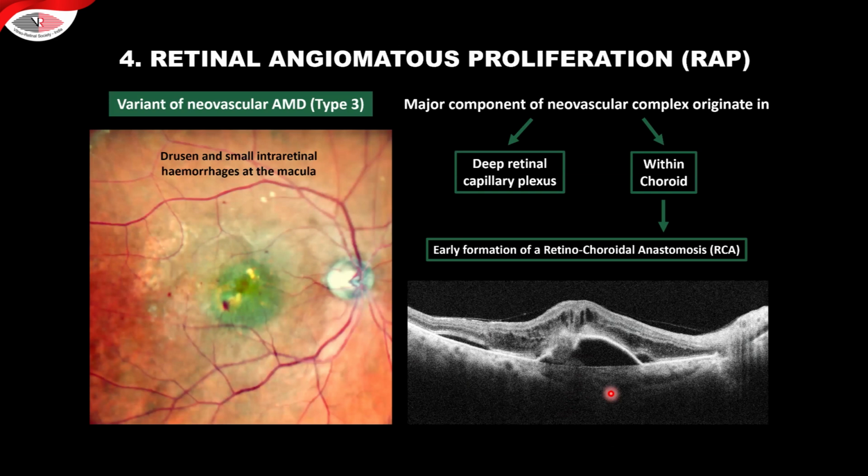Then there's retinal angiomatous proliferation, or a RAP lesion, as we call it. You can see the early formation of a retinochoroidal anastomosis here in the deep retinal plexus. You see hemorrhages, and this is how it might look on an OCT with elevated PED-like structures.